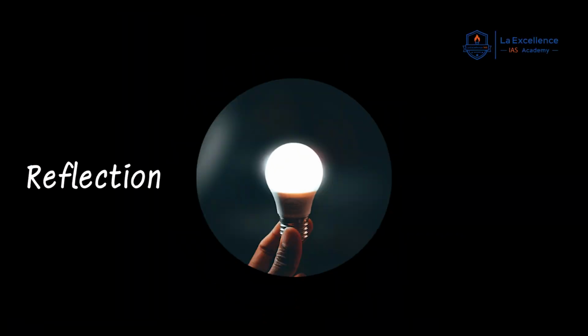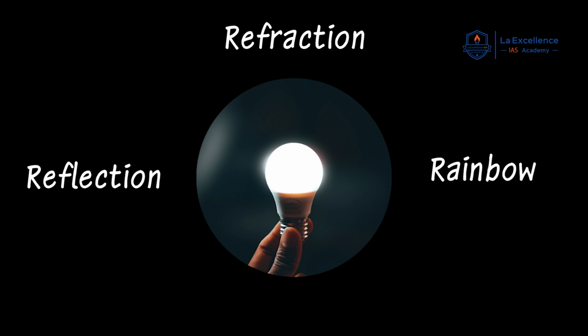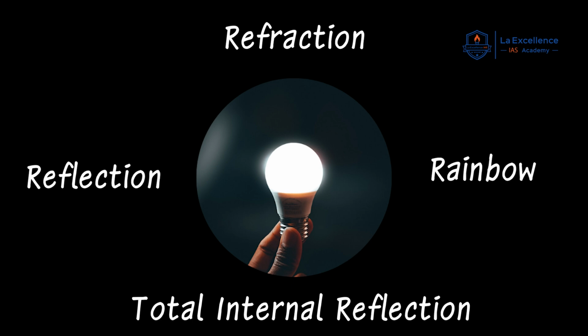Light is a very important phenomenon from physics where questions are generally asked on components like reflection, refraction and formation of rainbow, or application topics like total internal reflection, used in optical fiber cable for quick and fast transmission of data.